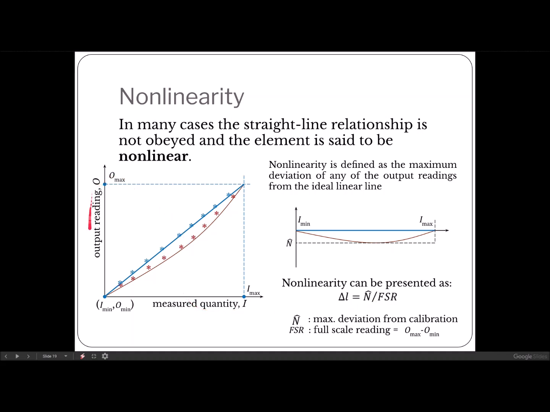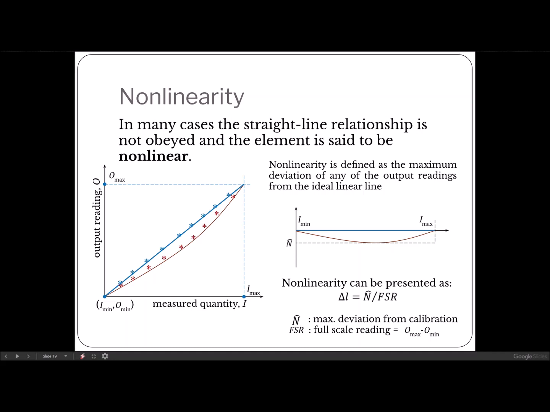It is this height, the span from maximum output to minimum output. If this nonlinearity is very small, the deviation is not much, meaning the red curve is relatively close to the blue line, so we can disregard the nonlinearity and assume the device is a linear system.